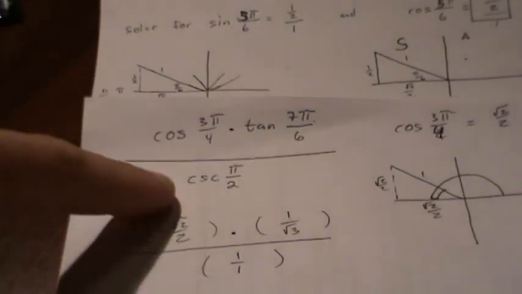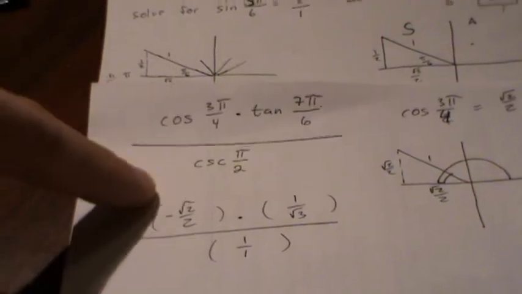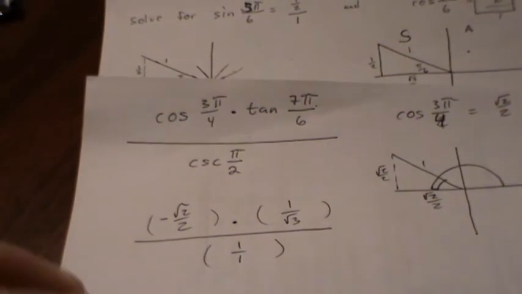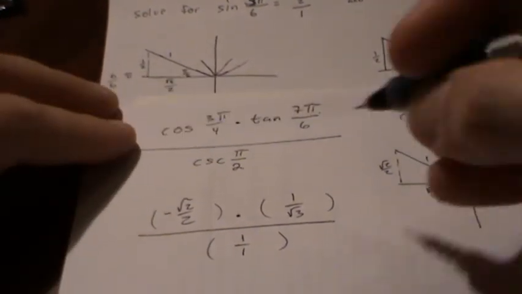Now I take it and I put this stuff over here. So now what I've figured out basically is the cosine of 3 pi over 4 is that. Tangent of 7 pi over 6 is this. The cosecant of pi over 2 is that. And we're done, sort of.